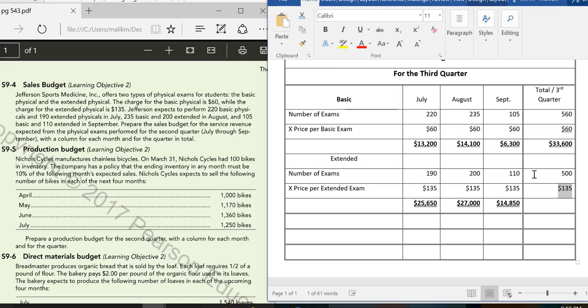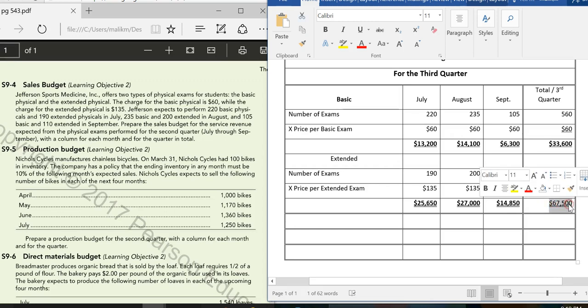So let's multiply 500 times $135. Let me check. I found 67,500. So we just got the total for these two exams.